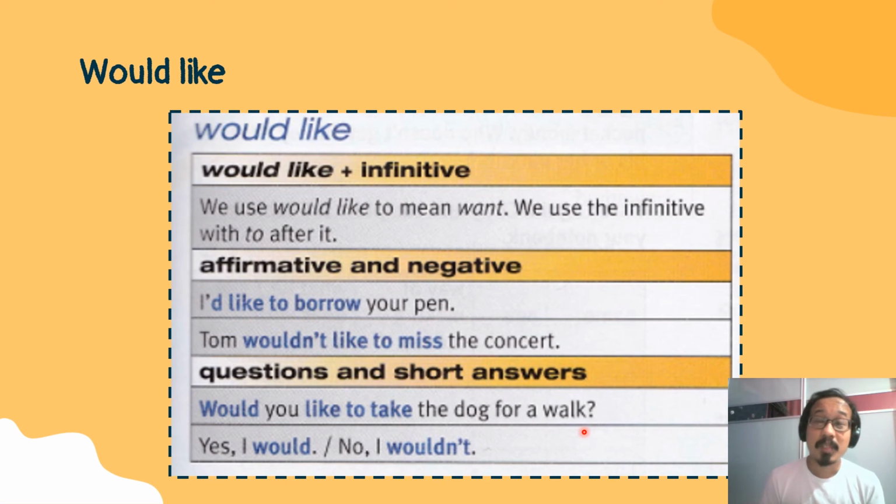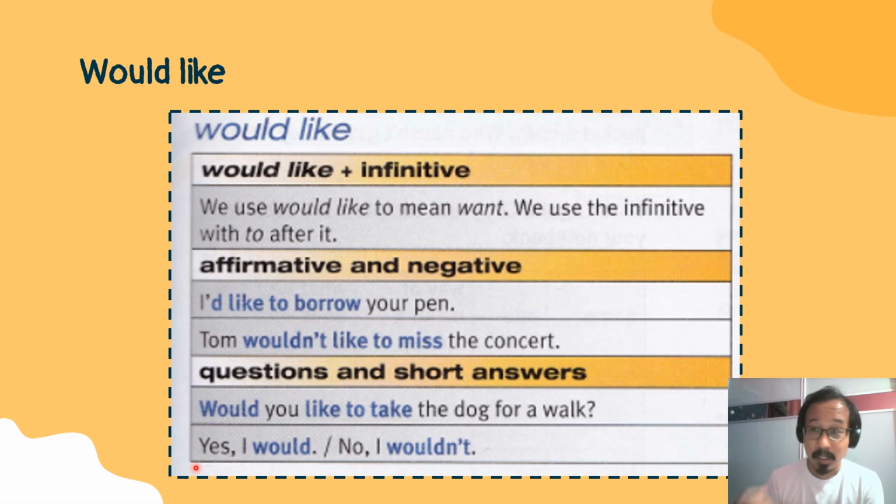This one here could be maybe she or he or Tom or Alan. Would you like to, and after to you have your infinitive, take the dog for a walk. So this would complete your question. So that is how you ask a question using would like.